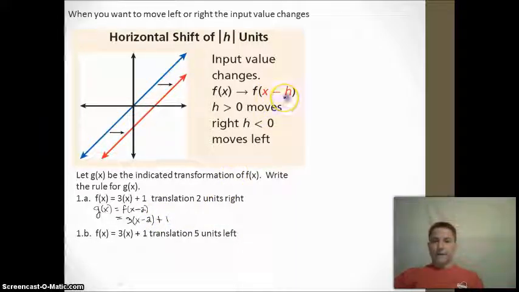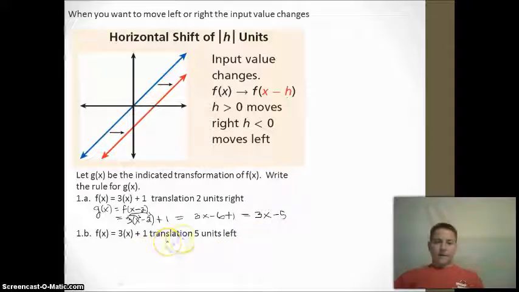Because up here, that's what it says to do, x minus h. Now all you have to do is simplify. Distribute 3 times x and 3 times negative 2, so 3x minus 6, and then don't forget about that 1 because our original function had a 1 in it, plus 1. That equals 3x minus 5.